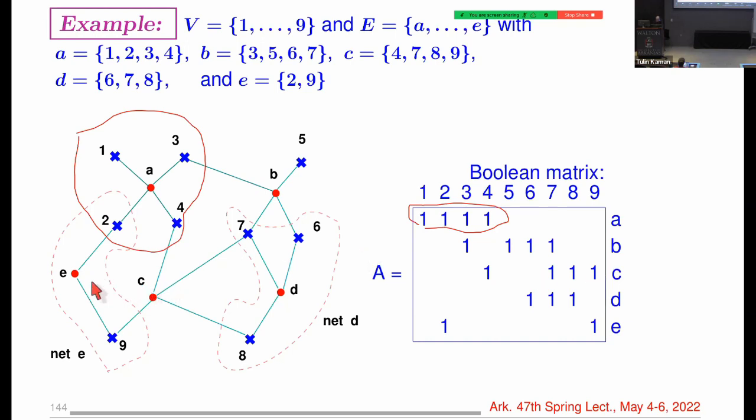C is this one here, 4, 7, 8, and 9. That's this one here, etc. This would be the equivalent of the adjacency matrix. In this case, we call that a Boolean matrix associated with the hypergraph.